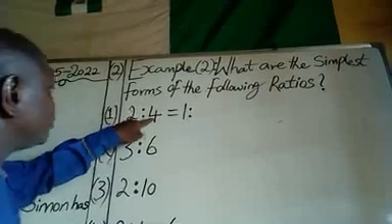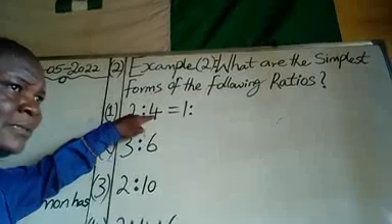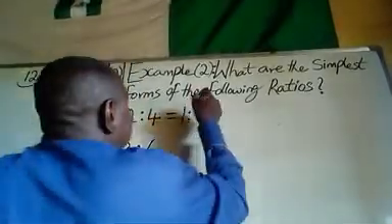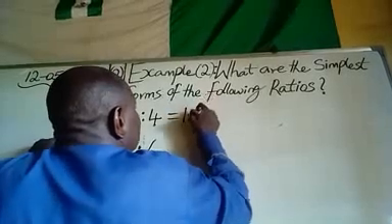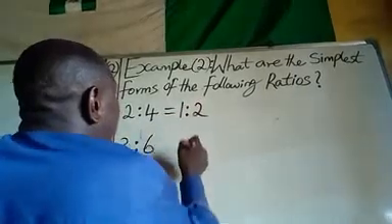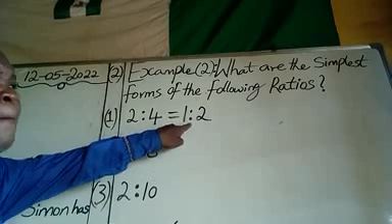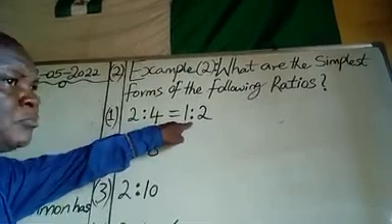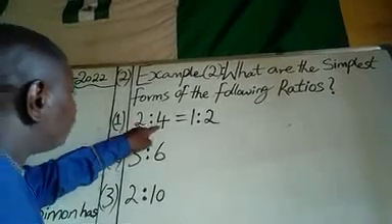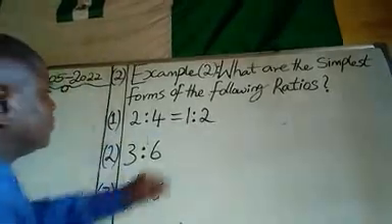Over to 4. 4 divided by 2, the answer is 2. This is the simplest form of 2:4. This is the answer.